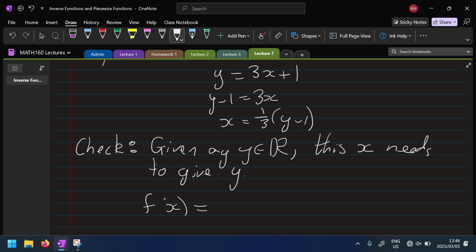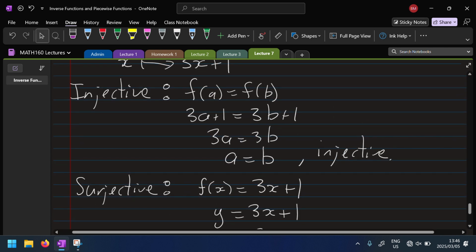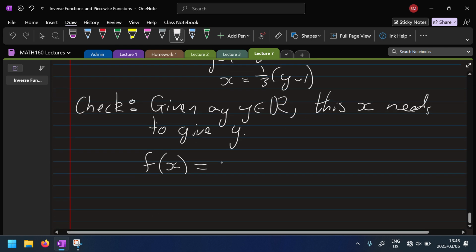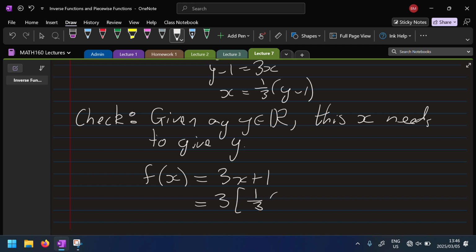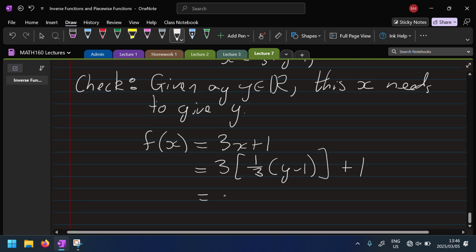So let's write it here. f of x equals 3x plus 1. Now you've given me this y. Let's substitute, see what we get. x is going to be 1/3 (y minus 1), plus 1. Let's simplify. 3 times a third cancels, and that gives me y. That's what we wanted to show.